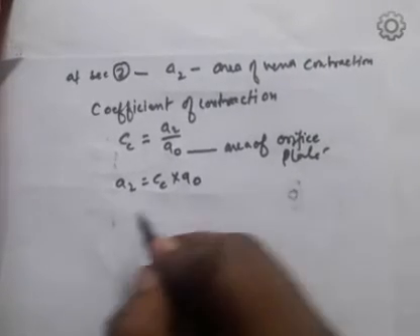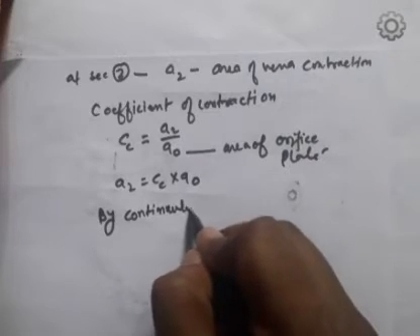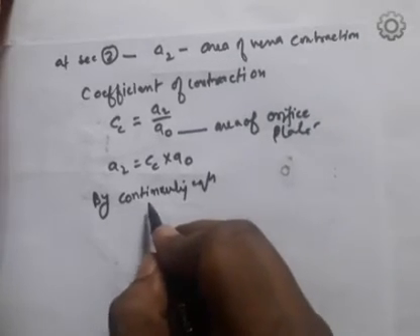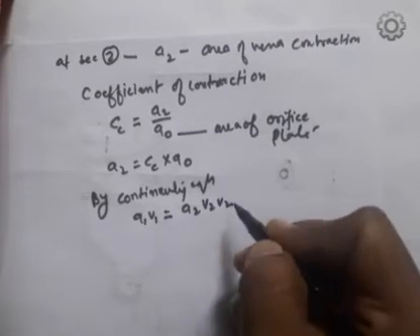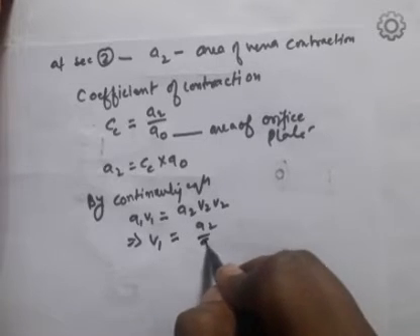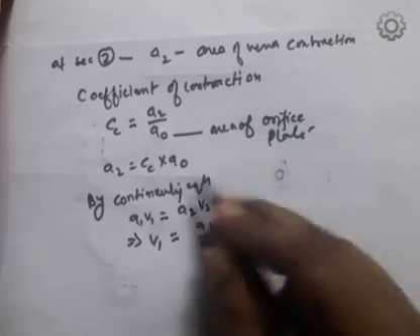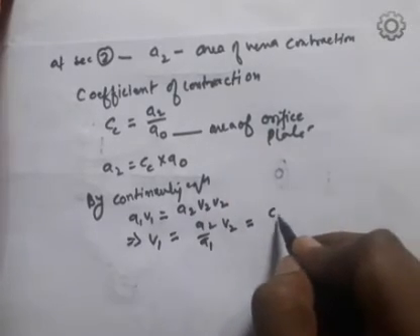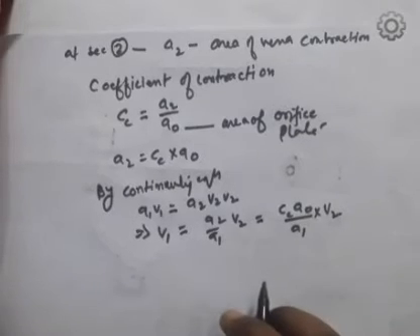By continuity equation, we know that A1 V1 equals A2 V2. So V1 equals A2 by A1 into V2, and A2 is Cc A naught. So V1 is Cc A naught by A1 into V2.